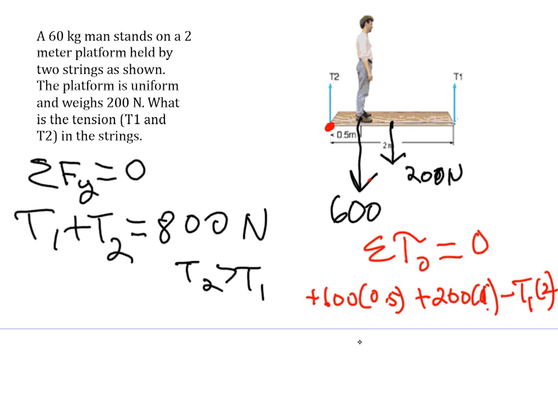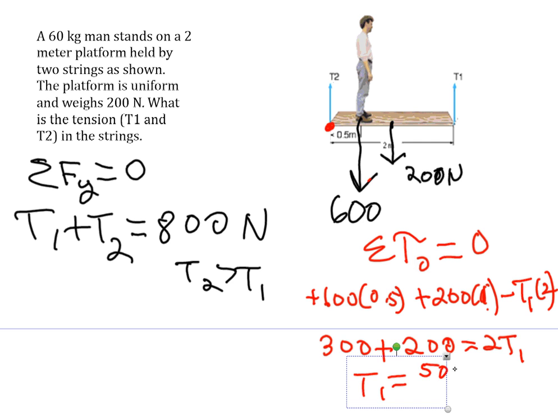So this will enable you to find T1. 0.5 times 600 is 300, plus 200 equals 2T1. So T1 is going to equal 500 divided by 2, which is 250 newtons.